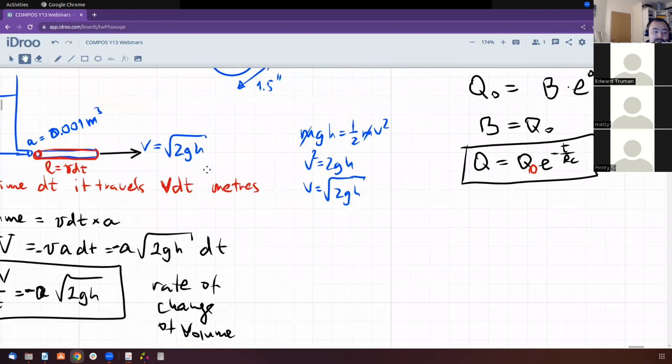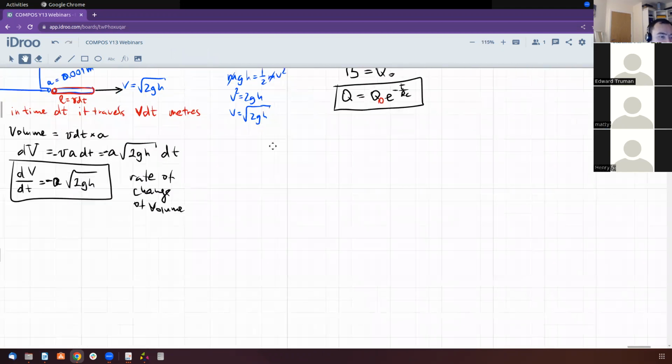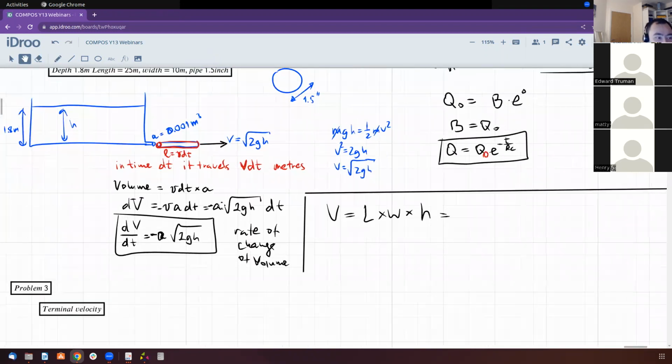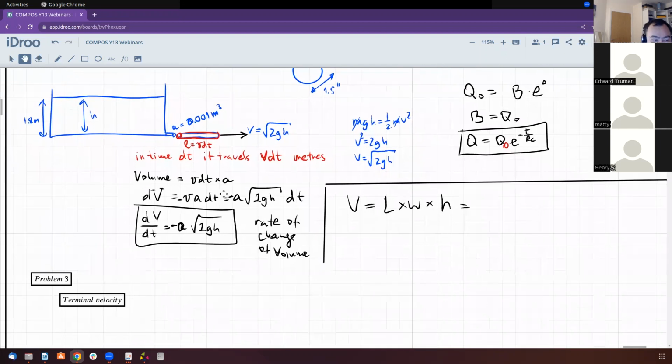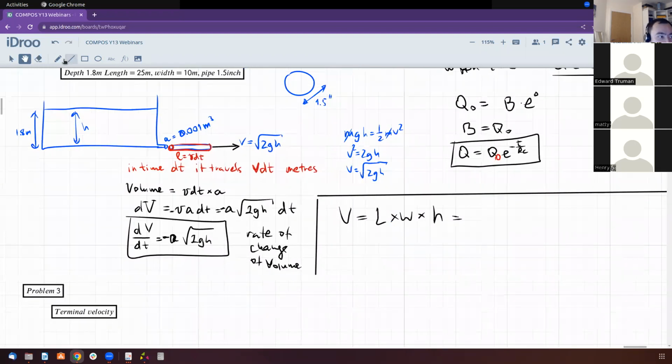All right, now the volume of the tank is length times width times height. So length times width, that's 25 times 10, so 250 times h.